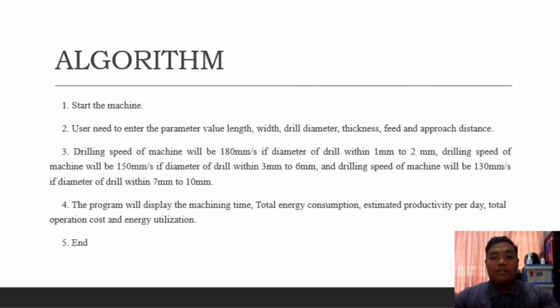And the drilling speed will be 130 mm per second if the diameter is within 7 mm to 10 mm. Fourth, the program will display the machine time, the total energy consumption, estimated productivity per day, total operation cost, and energy utilization.